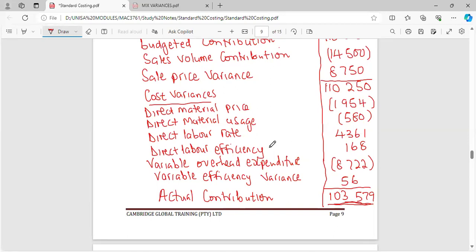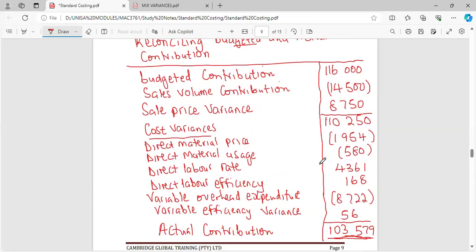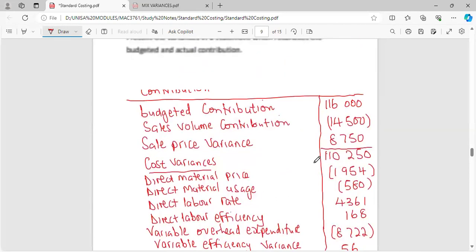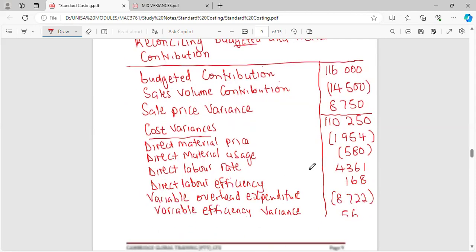So that's how we do our reconciliation. You don't have to scratch your head too much when reconciling the budgeted profit to the actual contribution. It's a matter of looking at the variances. Either you have calculated them or they've already been given. But in our questions, I never saw a question on this contribution in our MEC. I think these guys have a lot of areas to ask questions, so you might find that some areas they don't ask much.